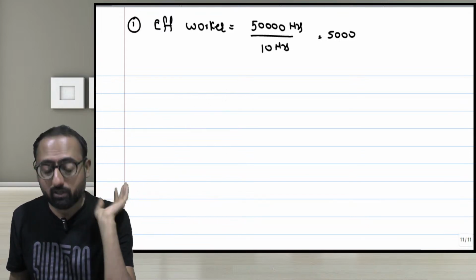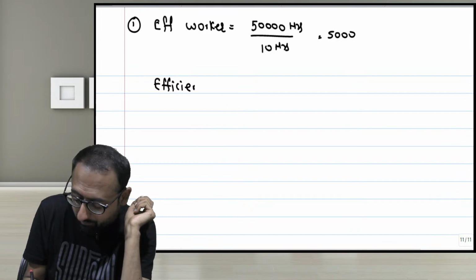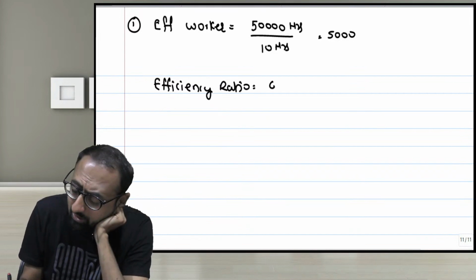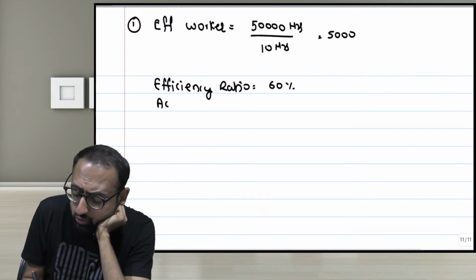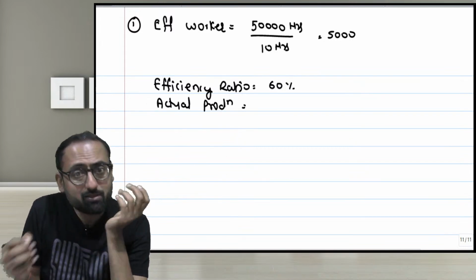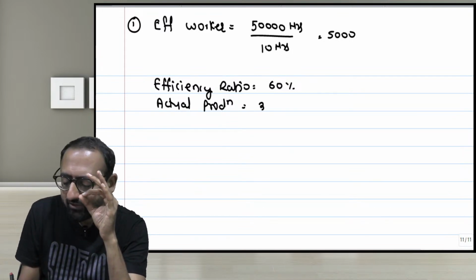That efficient old worker can produce 5,000 units. But the efficiency ratio of the new worker is only 60%. So actual production in those training hours will be 5,000 multiplied by 60%, 3,000.